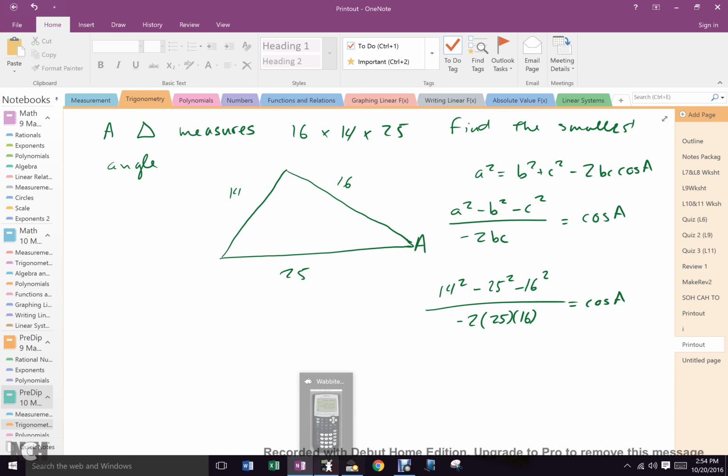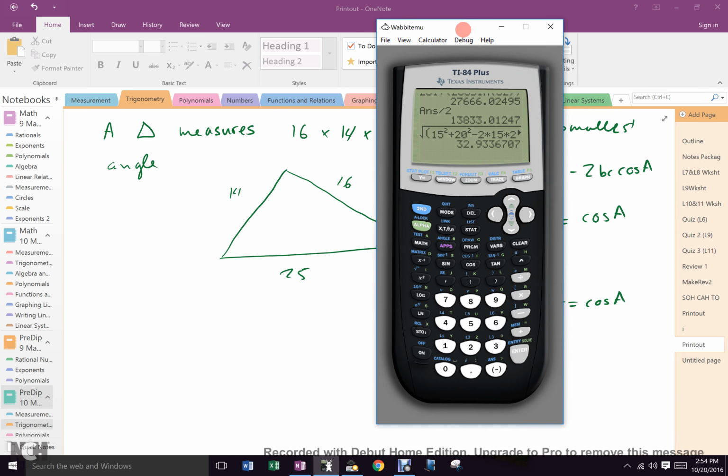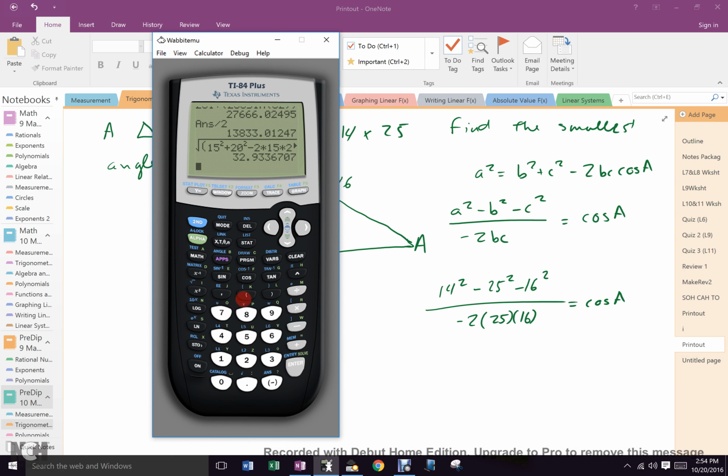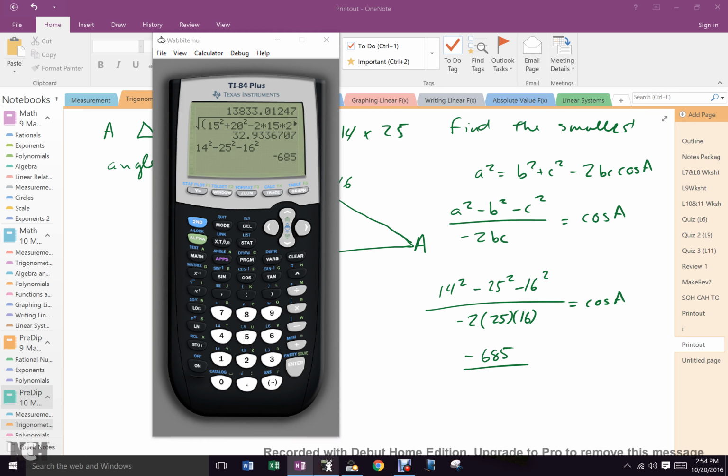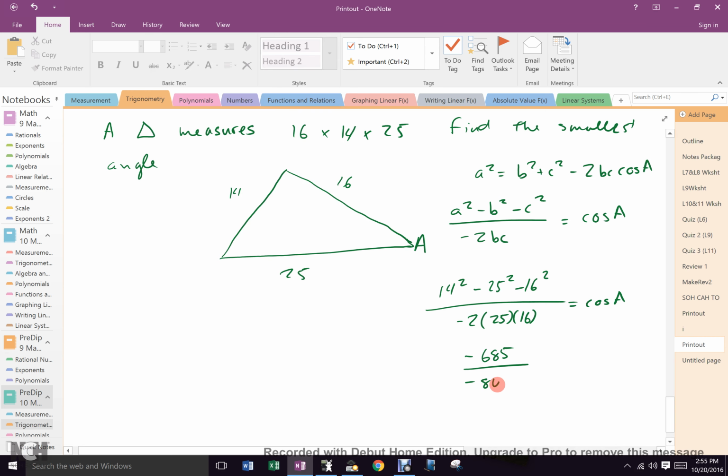So I go to my calculator, and I'm not going to try to do this all in one step. It's a little bit hard. 14 squared minus 25 squared minus 16 squared gets me negative 685 over, go back to my calculator, negative 2 times 25 times 16 is negative 800.